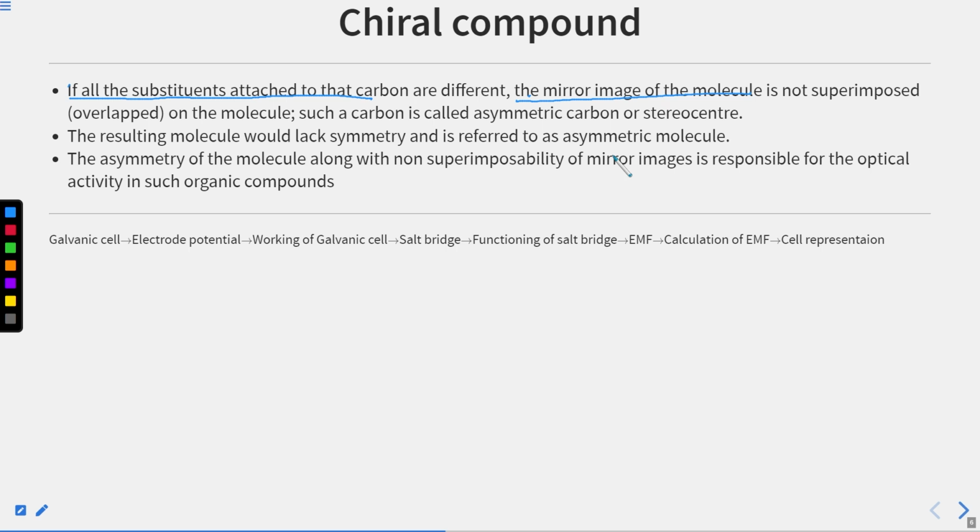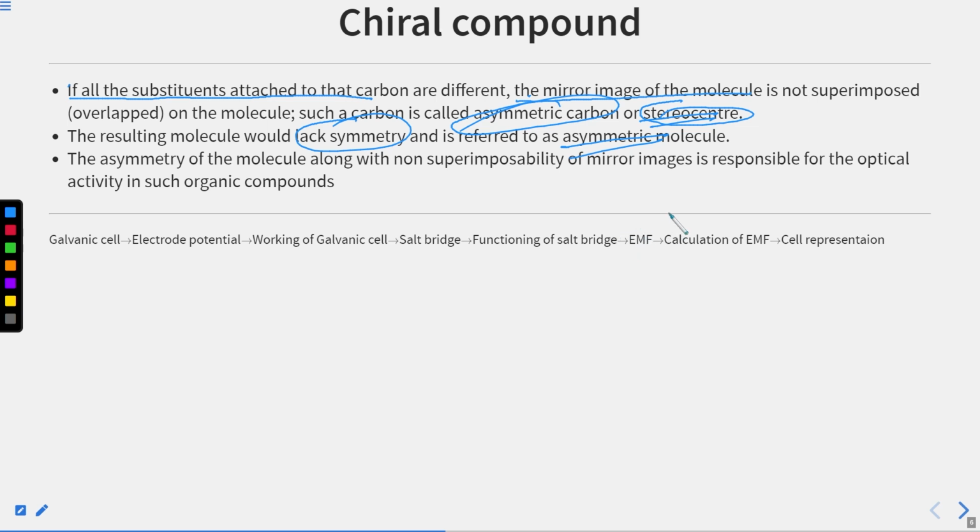In that case, that carbon is called an asymmetric carbon or a stereo center, because due to this center we get the stereochemistry. Now the resulting molecule would lack symmetry and is referred to as an asymmetric molecule.